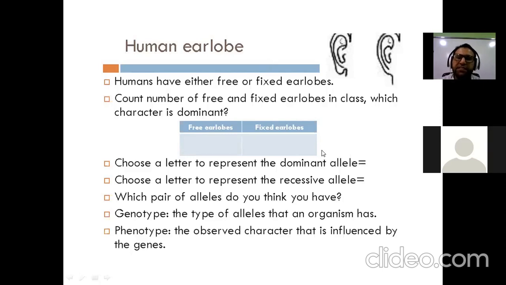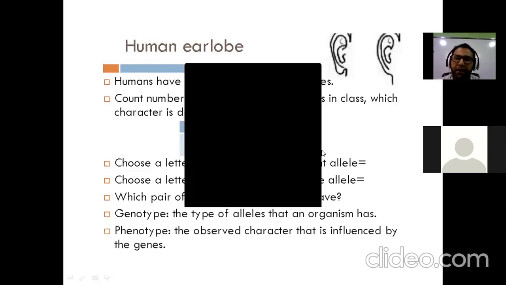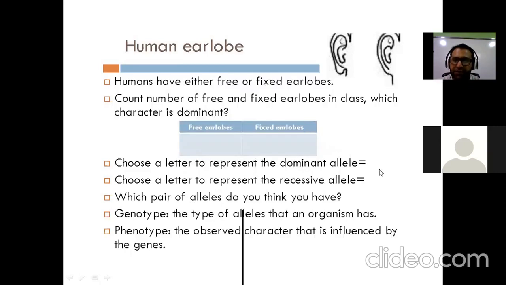So for that reason, I will select that allele as recessive, because the number of fixed earlobes is less in the population. For example, if the total strength of the class is 24, free we have 23 and only one fixed, right?